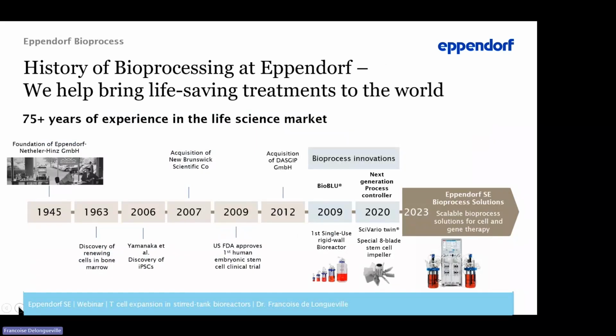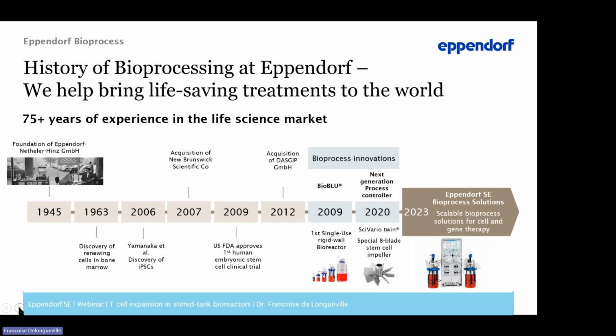As you can see on this slide, the history of bioprocessing at Eppendorf followed closely the development of the stem cell field. Eppendorf is a leading life science company that develops and sells systems for use in laboratories worldwide. The company Eppendorf was created after the Second World War with the goal to improve people's living conditions. After 75 years, the mission of the company remains the same.